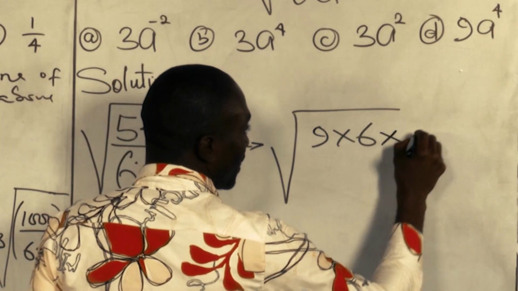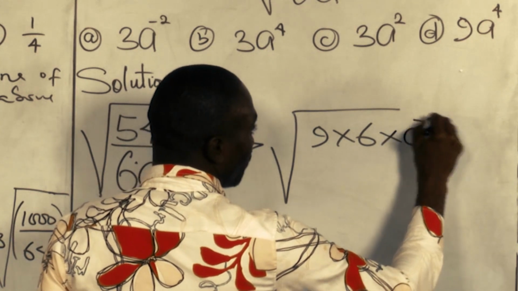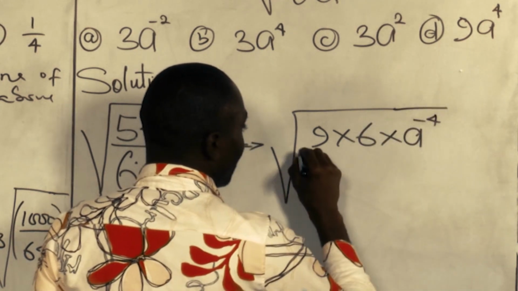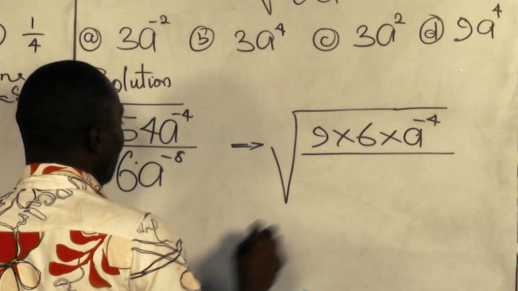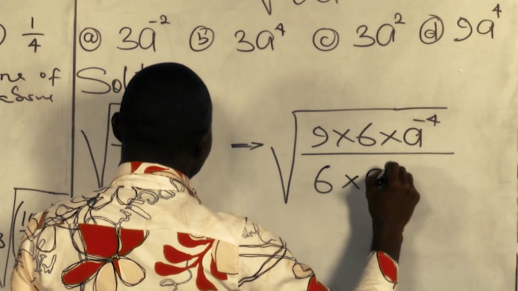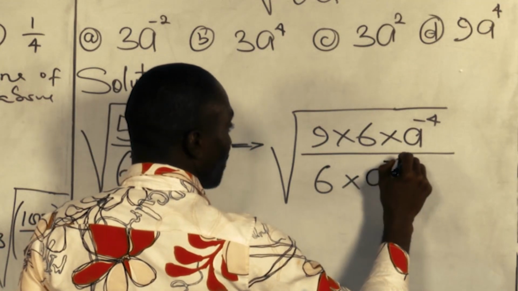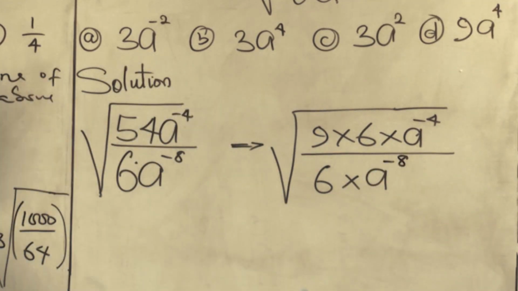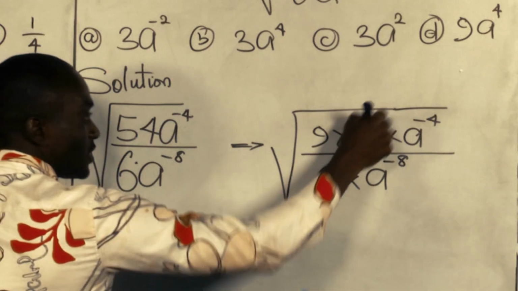So we have a raised to power minus 4, everything over 6 multiplied by a raised to power of minus 8. I split it. Now this 6, we cancel it.